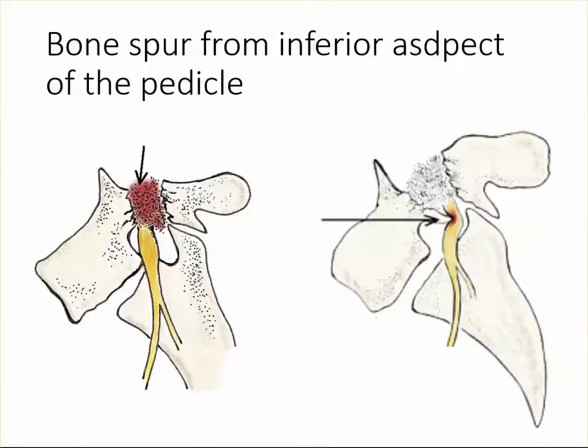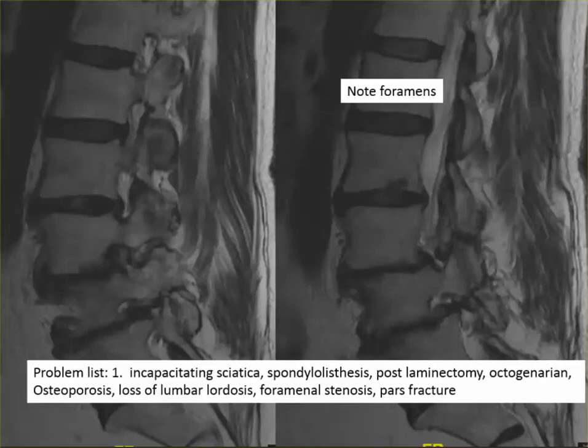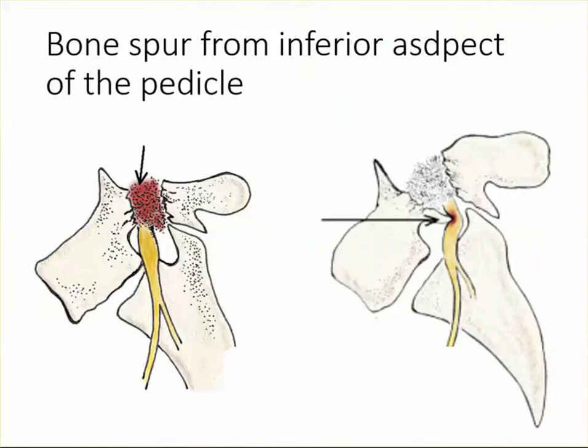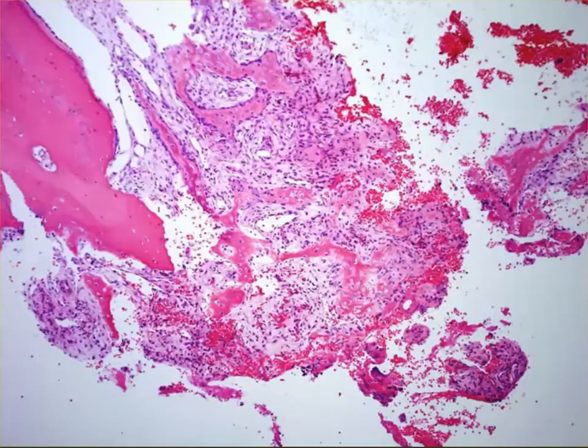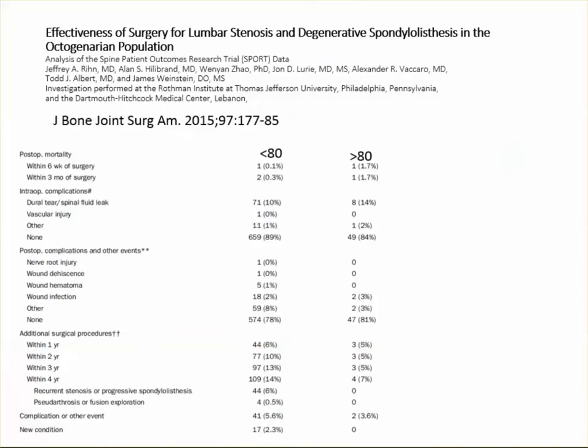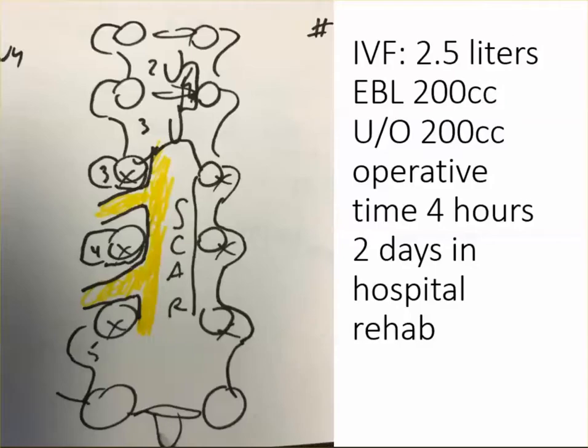So basically, when you do these revisions, let's say you're going to show the posterior elements, on the right side. Here, let me do this. So this is all that's left of the bone here.